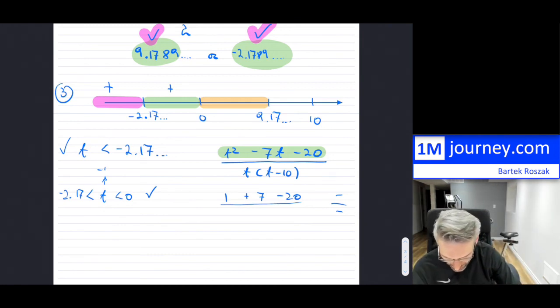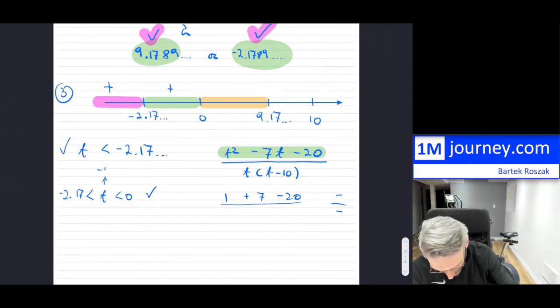Now again, I can pick a convenient number. I'll pick 1 this time around. If I erase this, let's see what happens to the numerator and denominator. For 1, it's going to be minus 7 minus 20, so this is still negative.